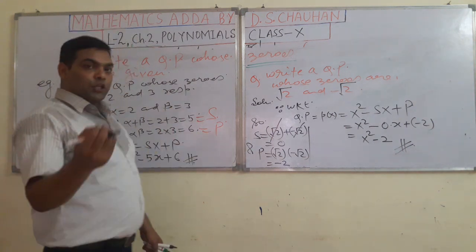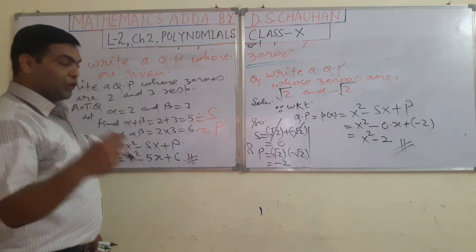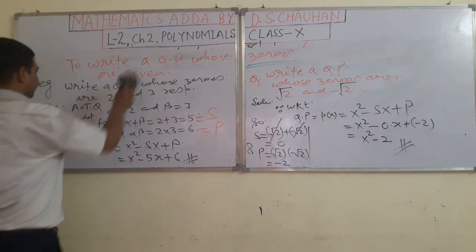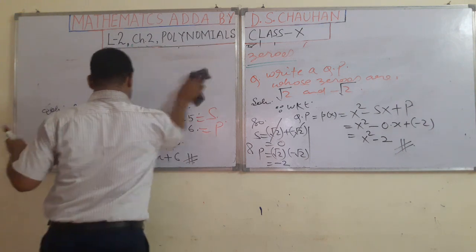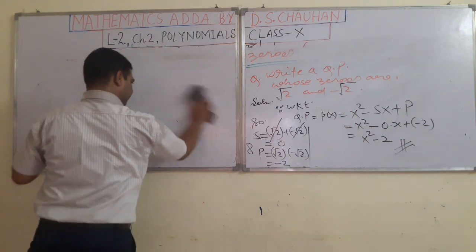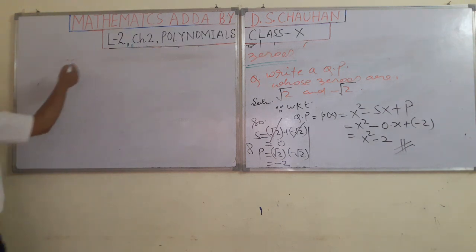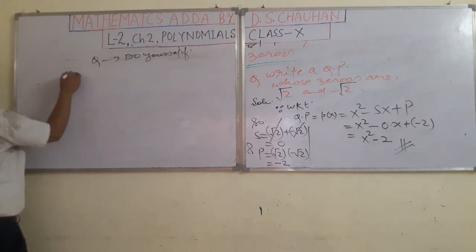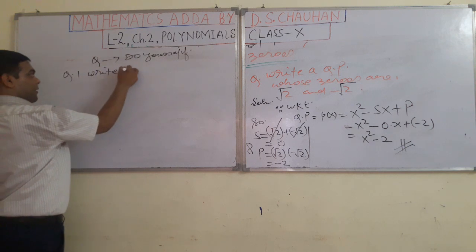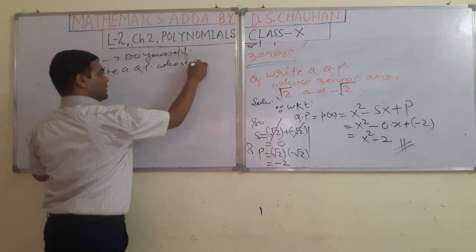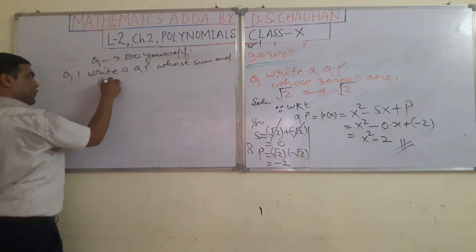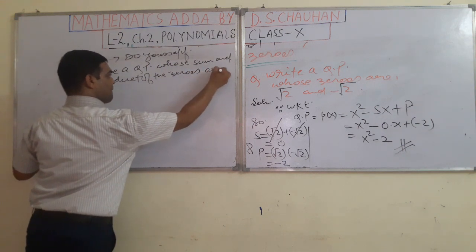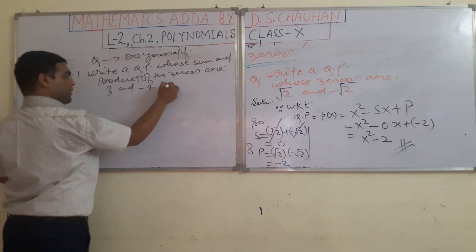Now students, I am leaving questions for you. You have to do them yourself. Question one: write a quadratic polynomial whose sum and product of the zeros are 3 and minus 4 respectively.